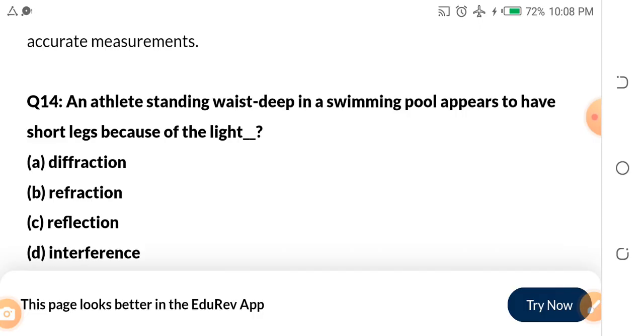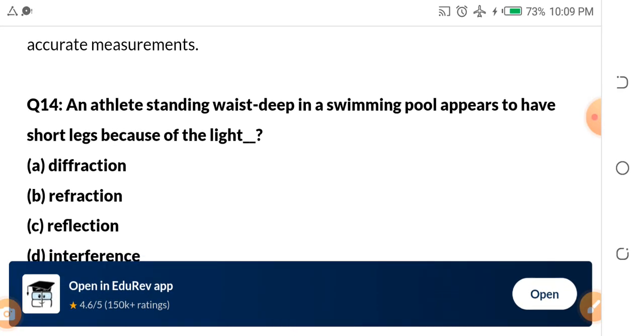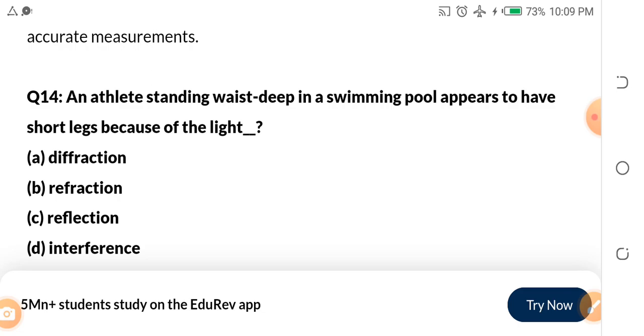Look at question number 14. An athlete standing waist deep in a swimming pool appears to have short legs because of the light dash.